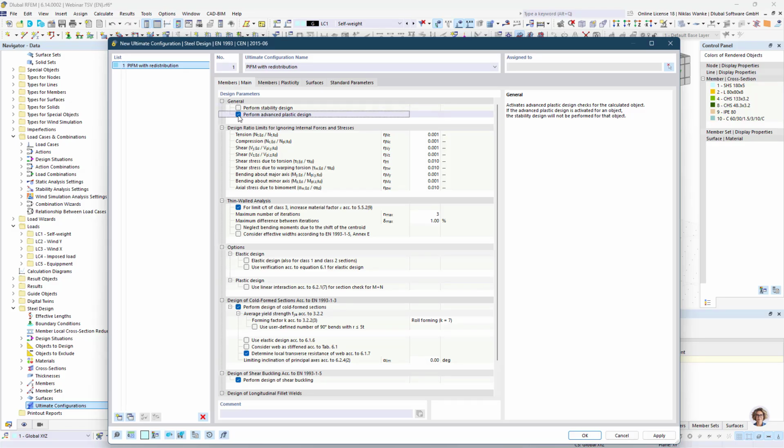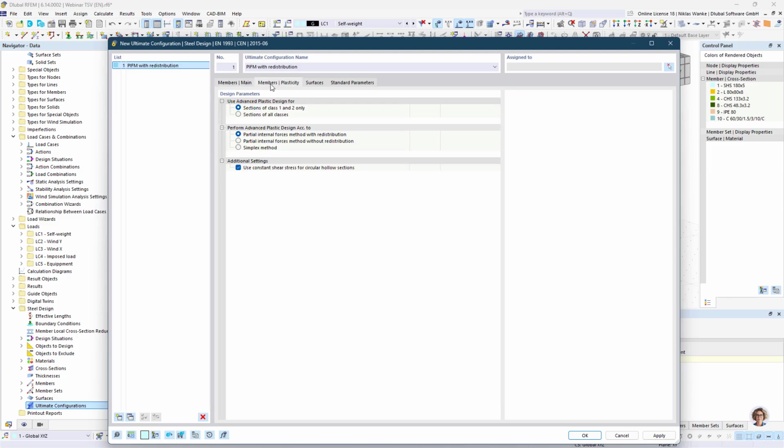Okay, so now to the PIFM. As I already mentioned, we have to activate this checkbox to perform cross-section design checks with the PIFM. And as you can already see, if I activate this checkbox, we get such a new tab which says members plasticity. And this is the place where the magic happens. So here we have all our options for the PIFM.